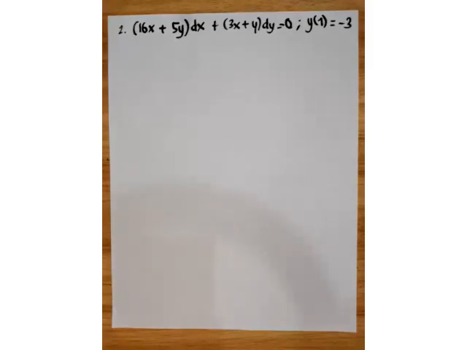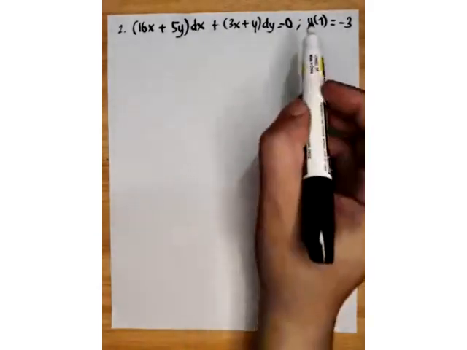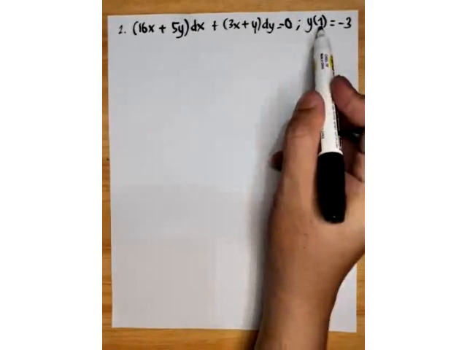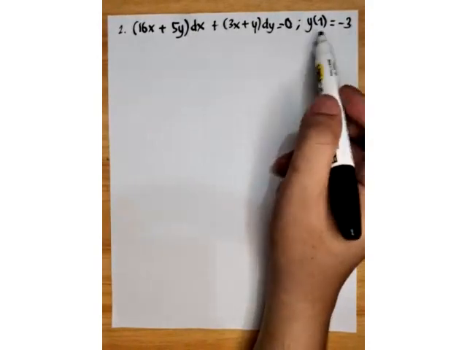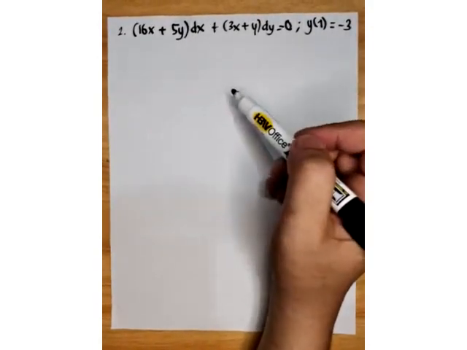So we're given 16x plus 5y dx plus 3x plus y dy is equal to 0. And we're given a condition again that if x is 1, y is negative 3. Ayan. So is this equation homogeneous?